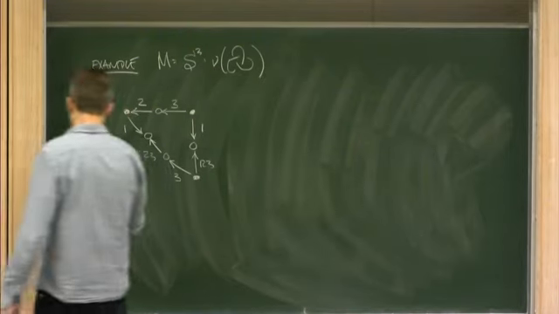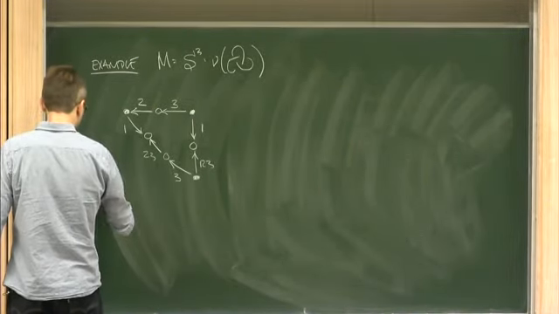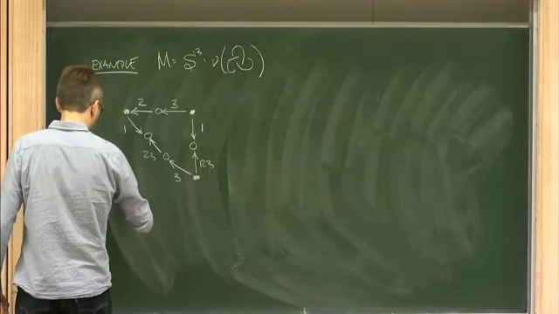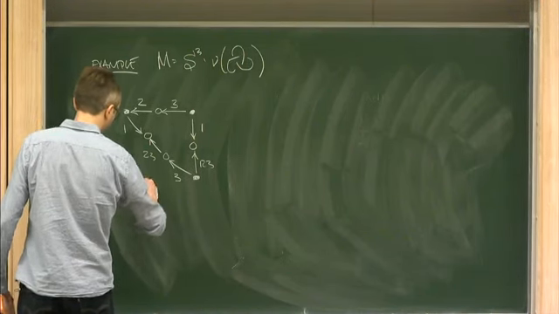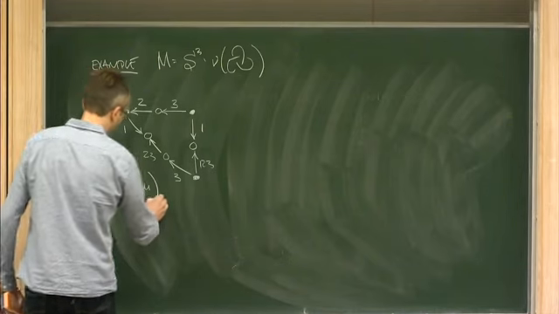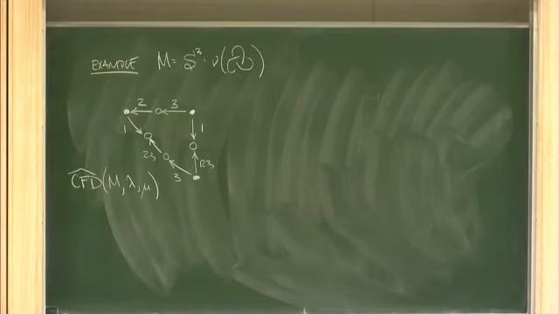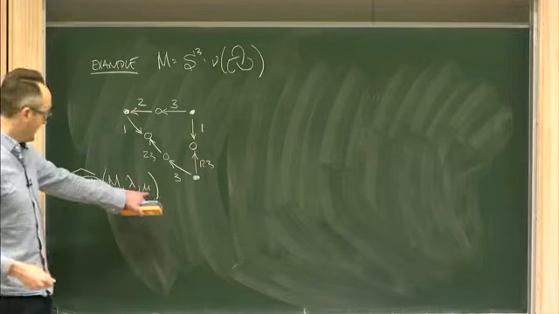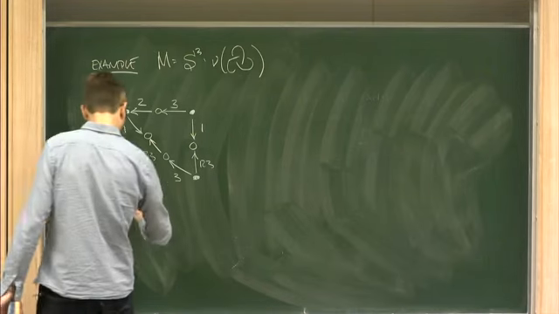What is this bordered invariant? This is CFD of M. And if I'm being careful, it's relative to the zero framing. So this is relative to the bordered structure that's determined by the longitude and the standard knot meridian. Okay.